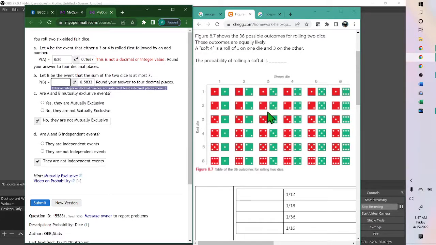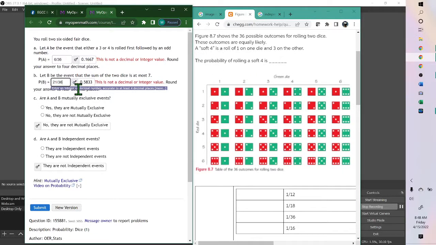Then this one would be here, so 7, 6, 5, 4, so from here down. So it's 6 plus 5 plus 4. This one's 3 of them, 2 and 1, because you want the ones that are 7 or below. And if we take 6 plus 5 plus 4 plus 3 plus 2 plus 1, we get 21. 21 divided by 36 is 0.5833.